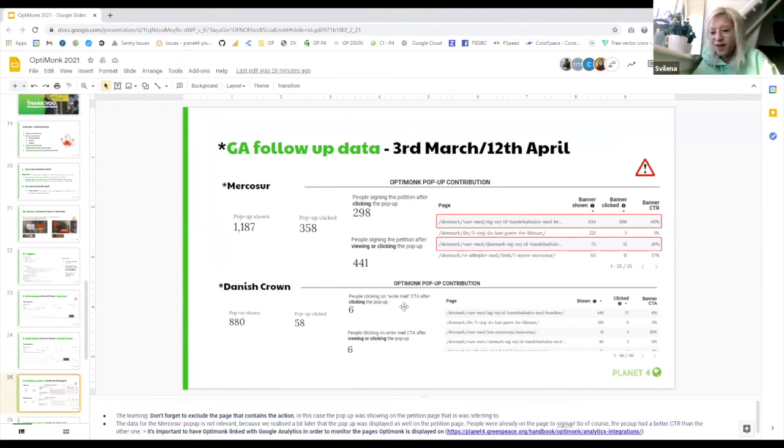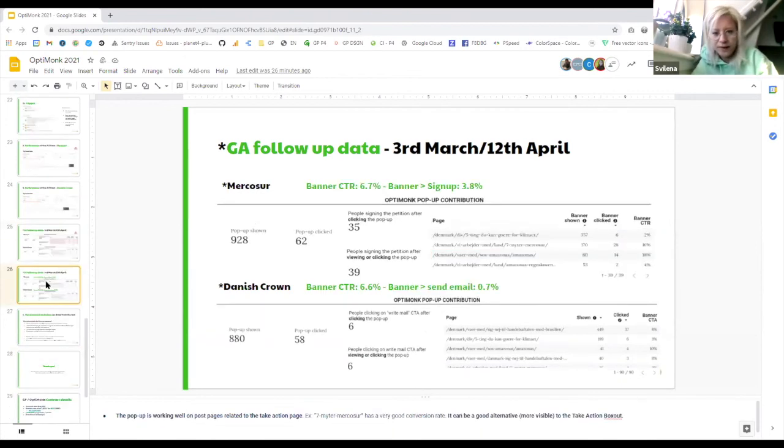But of course, if the pop-up is showing on the page where you promote the actual petition signing up, it will perform better. In general, this is how it looks, the clean data that was fixed later on.